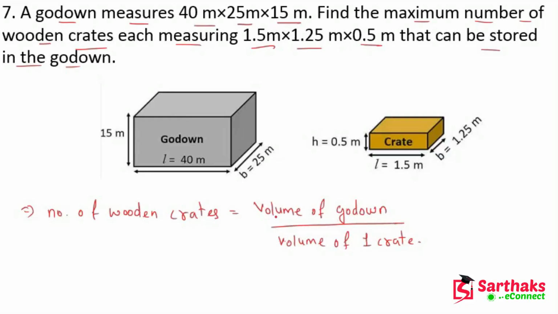Okay, so if we divide the volume of godown and volume of one wooden crate, we get the number of wooden crates. Okay, so now let's find the volume of godown.